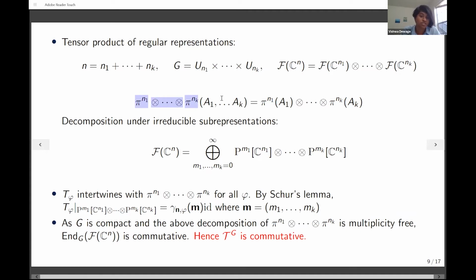The subrepresentations are not equivalent. So since G is a compact group, we have that the intertwining operators are commutative, and we also have that Toeplitz operators intertwine with the representation. So the Toeplitz algebra is commutative.